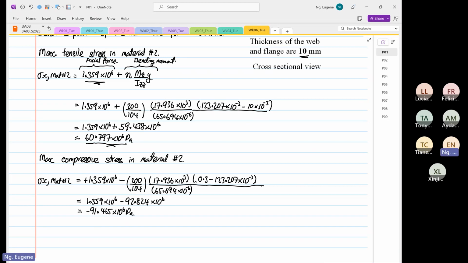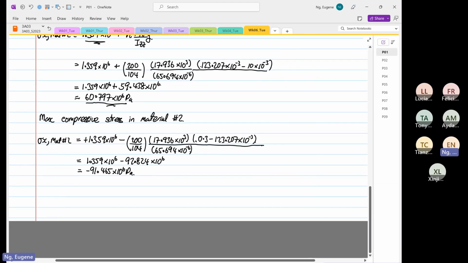Now, the next thing is we are going to, so we find these values already, which will help us locate the position of the neutral axis, or we can use the formula. We directly use the formula. Let me elaborate what I mean by that.